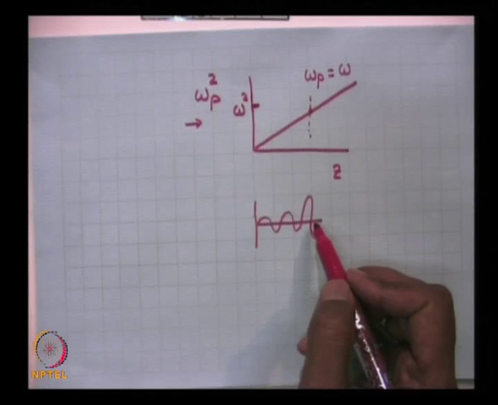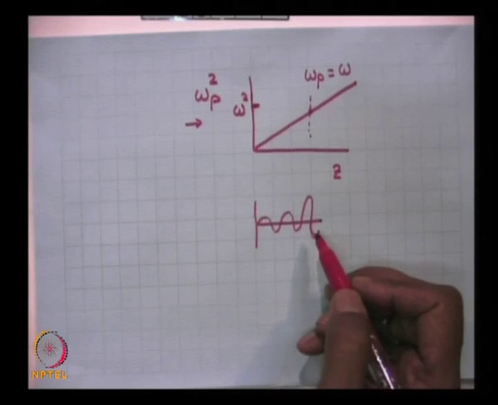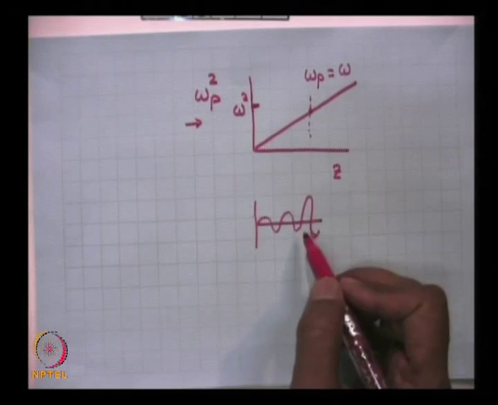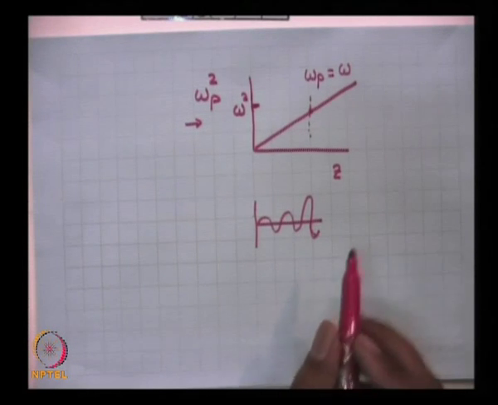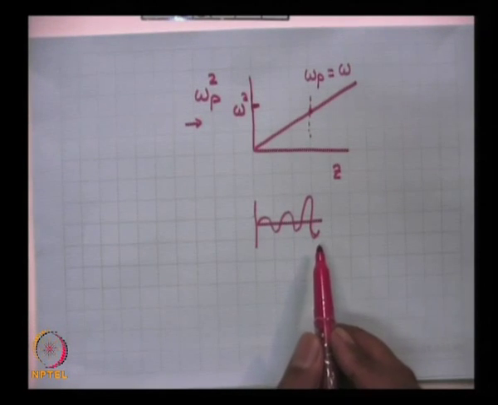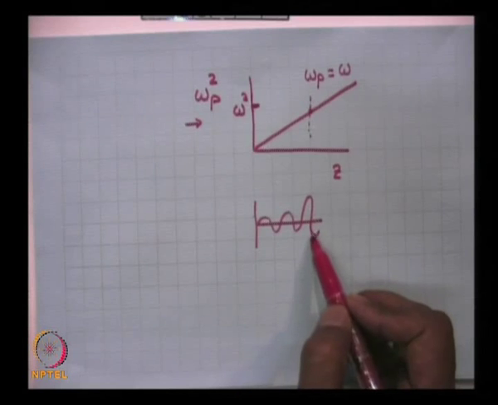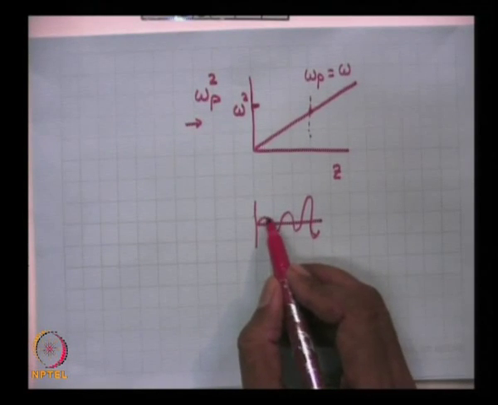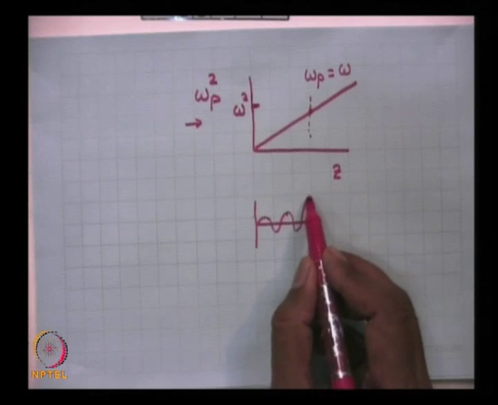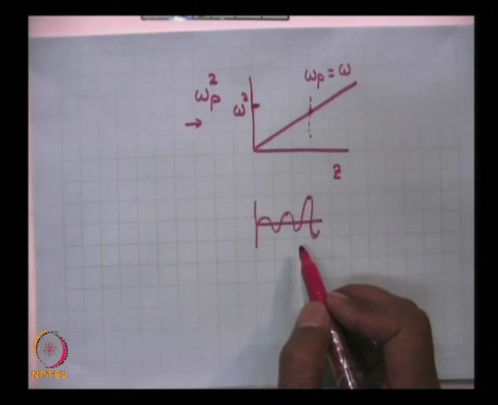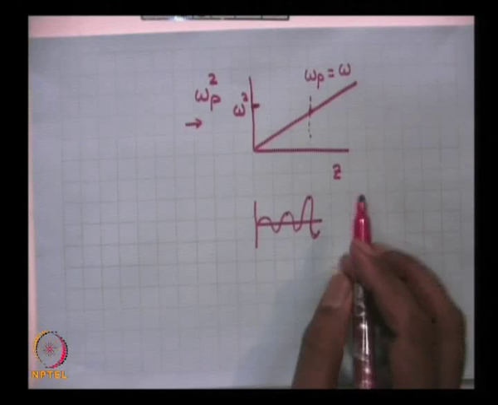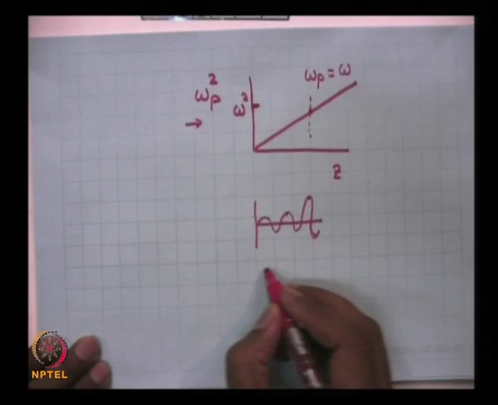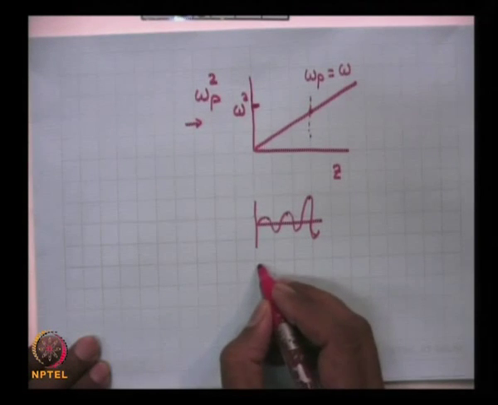So, d2a by dz square that we had ignored, its neglect cannot be justified. So, the theory does not hold, but if you do a little more careful calculation, then the amplitude is not infinite, but is contained. Nevertheless, as the wave travels, its amplitude becomes larger and larger. This is called plasma swelling, or plasma induced swelling of the wave amplitude.